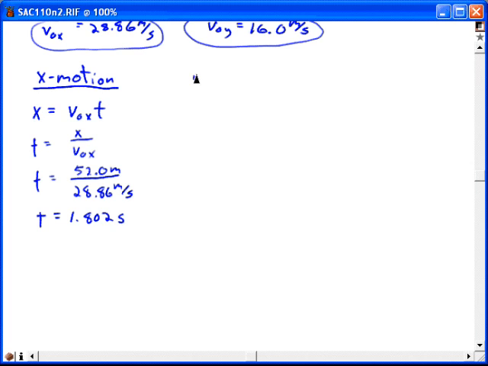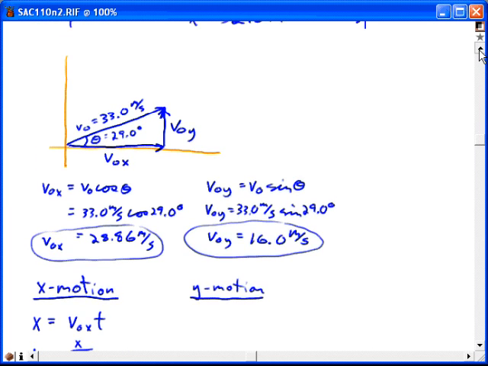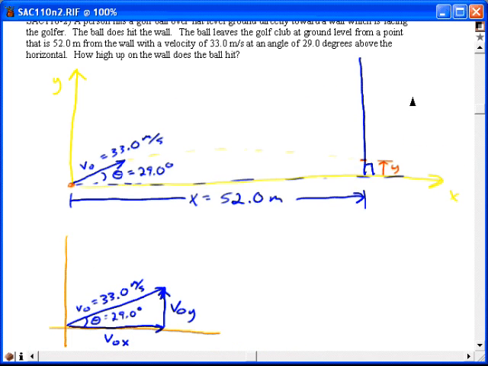Now for the y motion. I have called the upward direction the positive direction, and the acceleration in the upward direction is actually minus 9.80 meters per second squared.